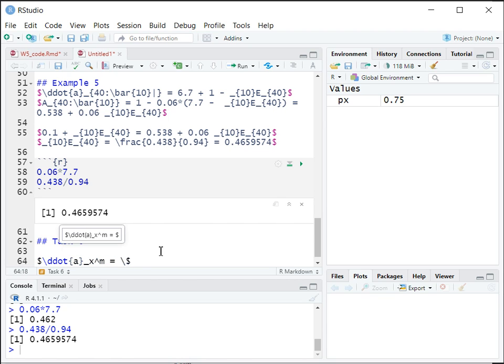This will be the sum for k equals 0 to infinity.